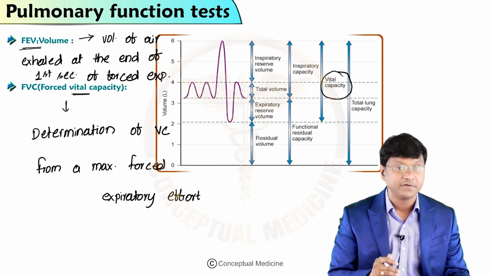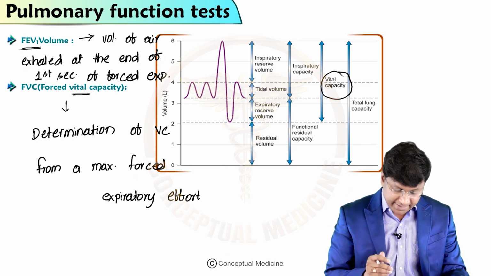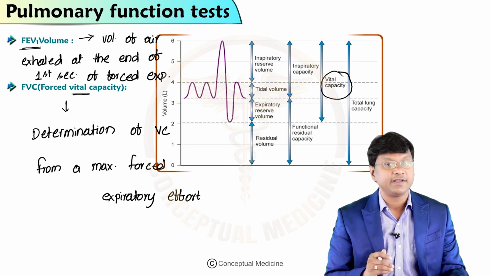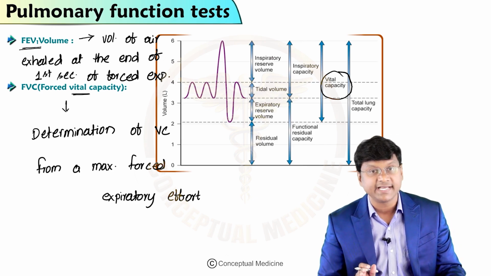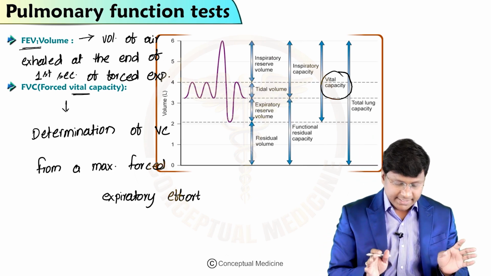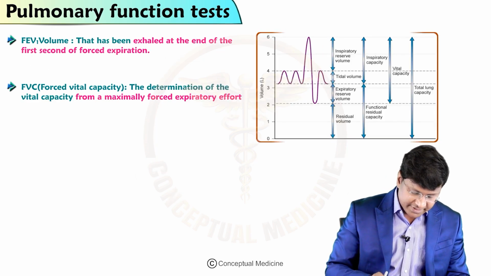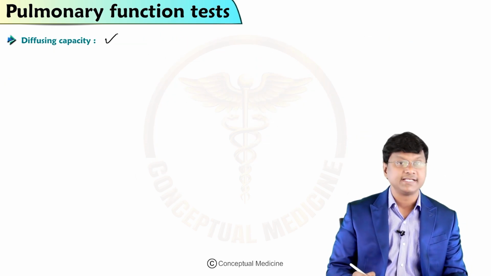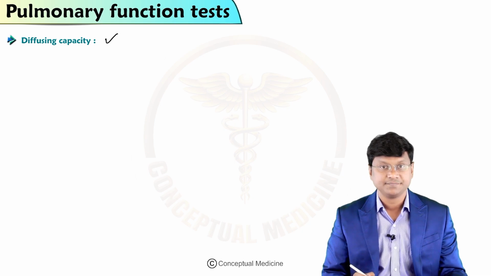It is the determination of the vital capacity from a maximally forced expiratory effort. That is what is your FVC, forced vital capacity. Having discussed the FVC, we have another important terminology called the diffusion capacity.